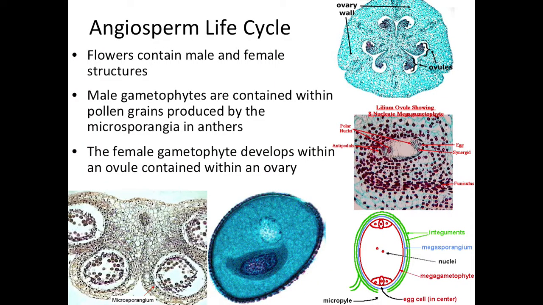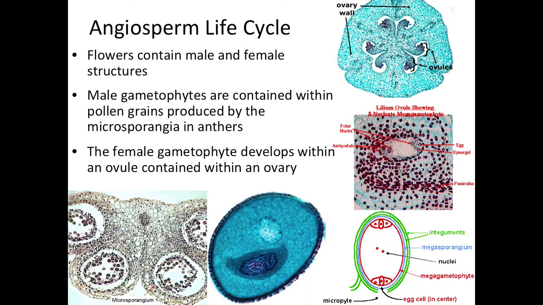All right, so let's look at the angiosperm life cycle specifically. In many organisms that undergo an alternation of generations, it's very distinct whether you're looking at the sporophyte body or the gametophyte body.